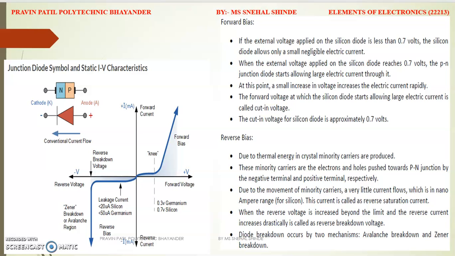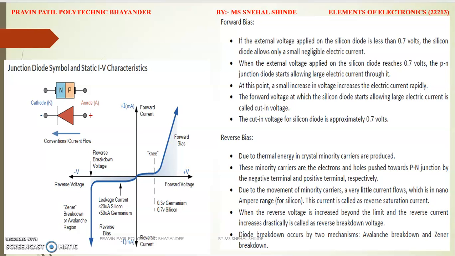Now the VI characteristics working in the reverse bias region. Due to the thermal energy in the crystal, minority carriers are produced. These minority carriers, the electrons and holes, are pushed towards the PN junction by the negative terminal and positive terminal respectively.